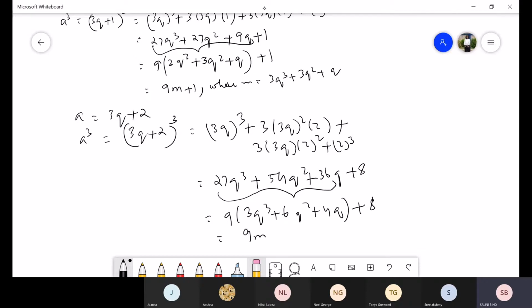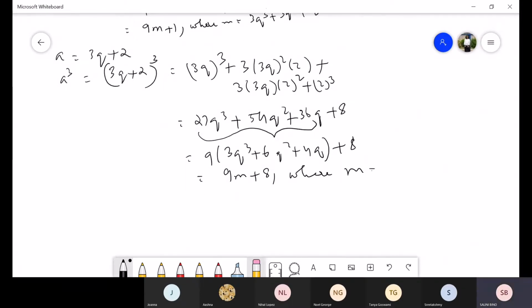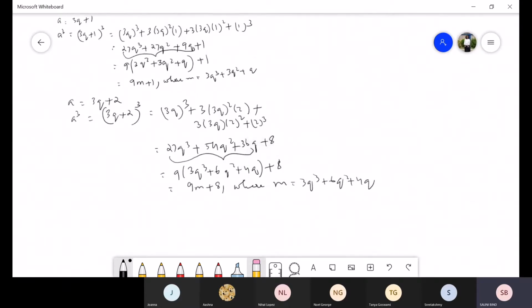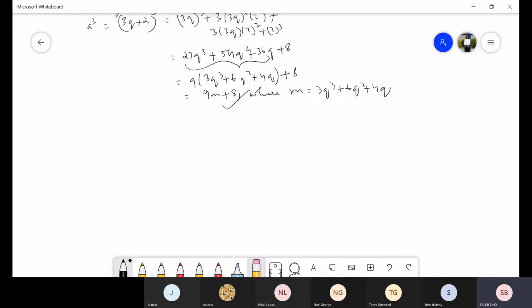Here we can write it as 9m plus 8, where m equal to 3q cube plus 6q square plus 4q. So when you cube a positive integer, you can write it in the form 9m, 9m plus 1 or 9m plus 8.